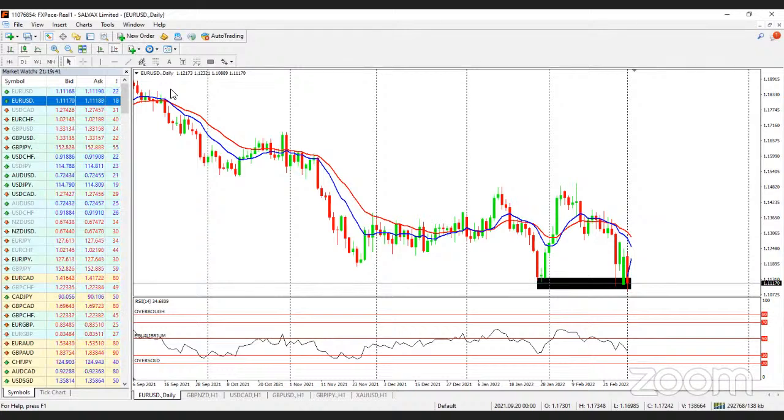We know what happened to Russia. They even had to hike their interest rate from 9 to 20 percent. That's Russia, but that's by the way. Why? Because of crisis.